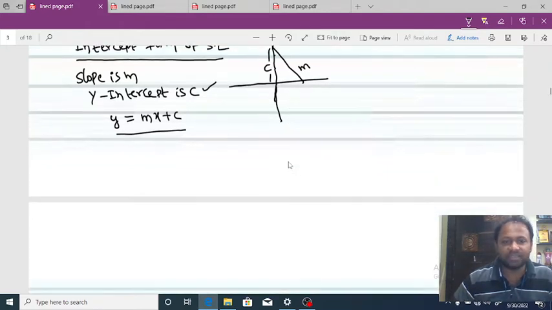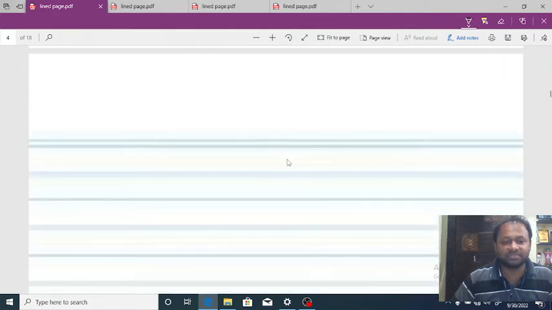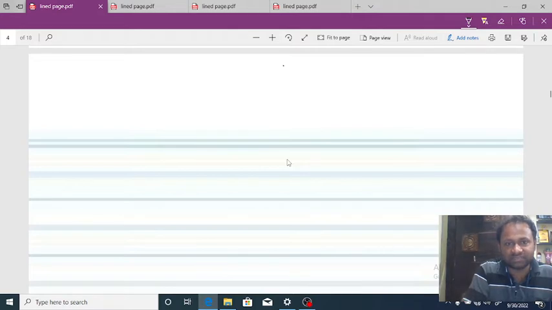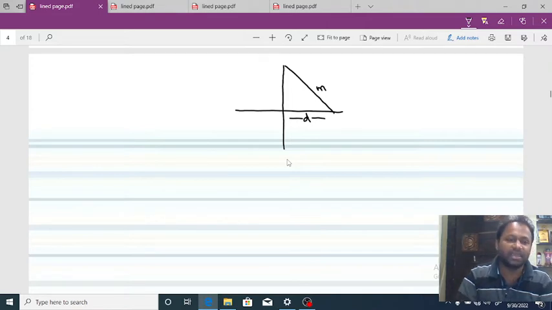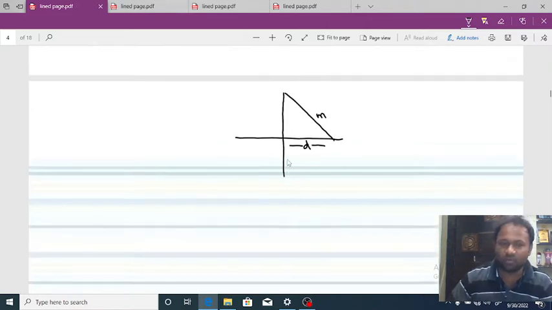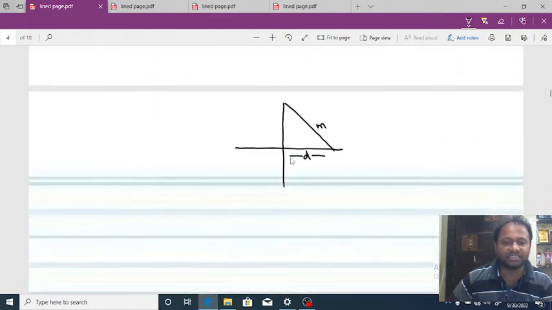In the same way, I will write one more condition, that is x-intercept. Whenever the x-intercept is given, I take a straight line with slope m, and here the x-intercept is d. In the previous one we took the y-intercept; here we are taking the x-intercept.